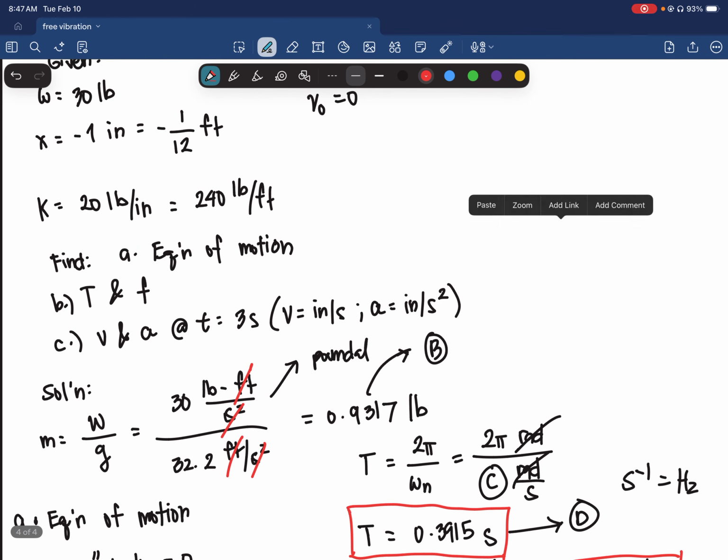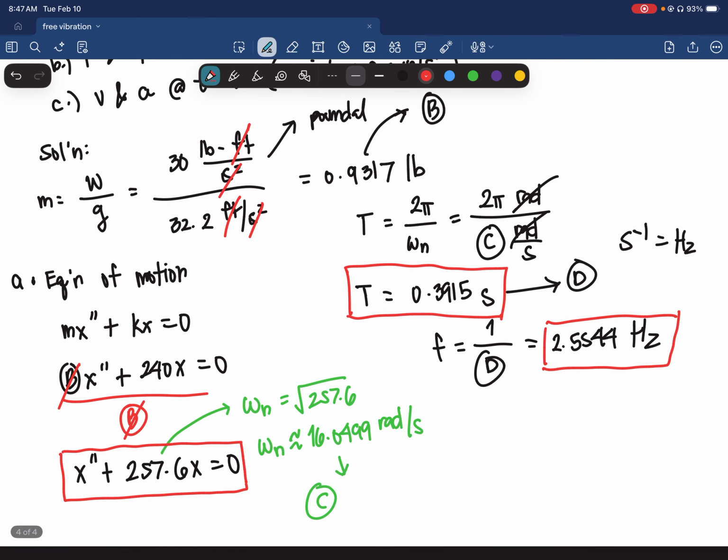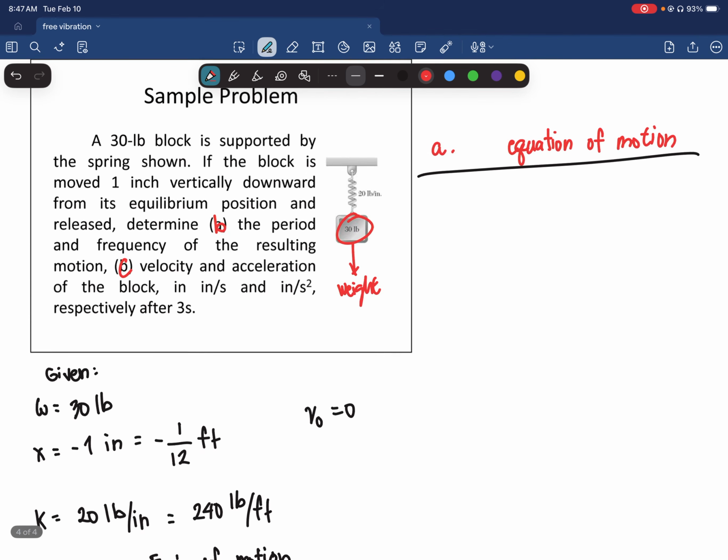What else? The velocity and acceleration. Okay, next page. From the general solution, in which x of t is equal to c1 cosine of omega n t plus c2 sine omega n t. That is our general solution.